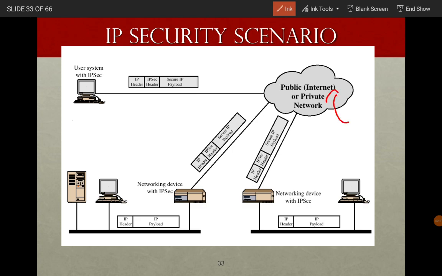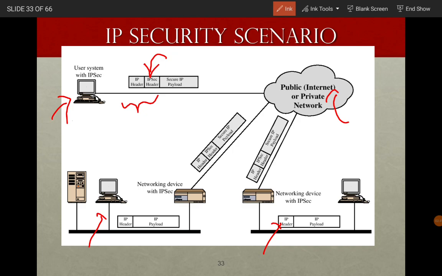This is the overall scenario of IP security. We have the public network and several LAN networks, and we have systems with IPsec. It can use either IPv4 or IPv6, and it adds additional headers, that is the IP security header. That packet is transmitted to the public network, and from the public network it reaches the particular LANs.